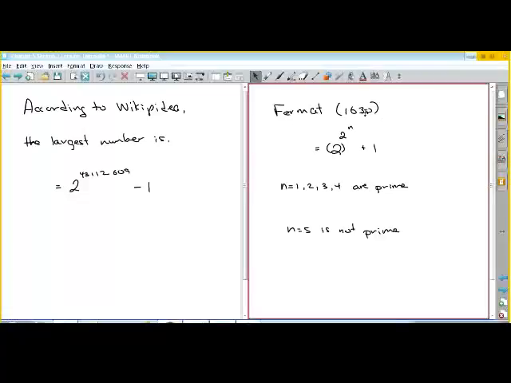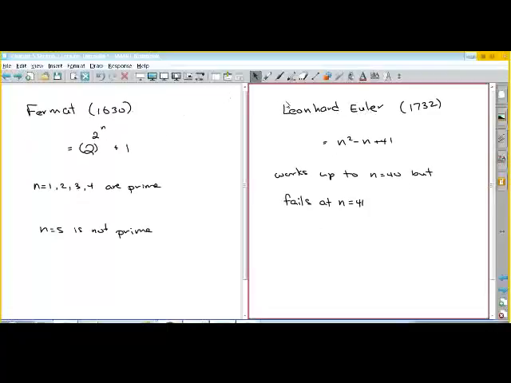And then you have these different formulas as you go through the time period. This is not something people have been thinking about just recently. They've been doing this for a long time. This guy in 1630 had this formula, which was 2 to the 2 to the n power plus 1. And it turns out that that works for 1, 2, 3, and 4, but not for 5. That wasn't a very successful result.